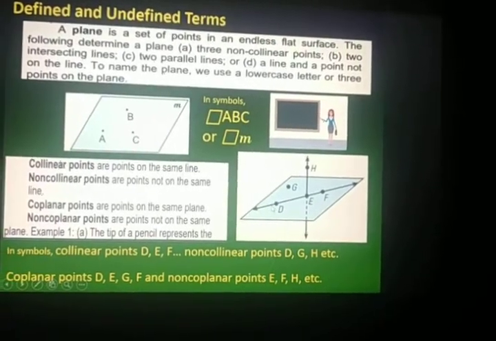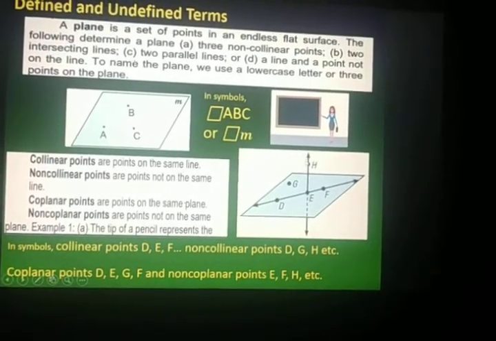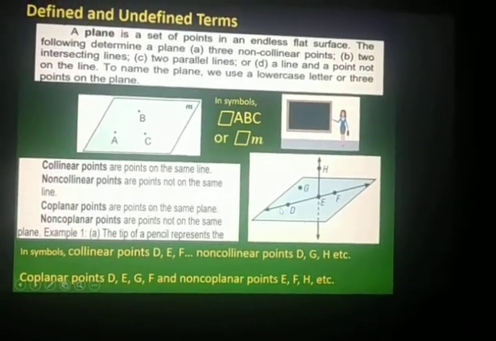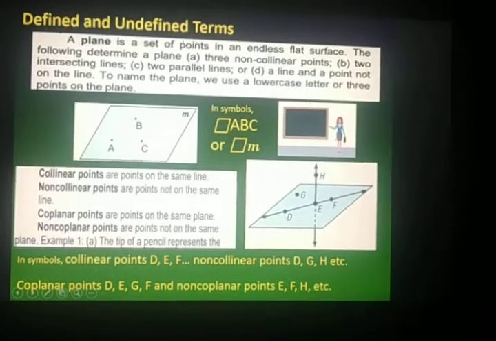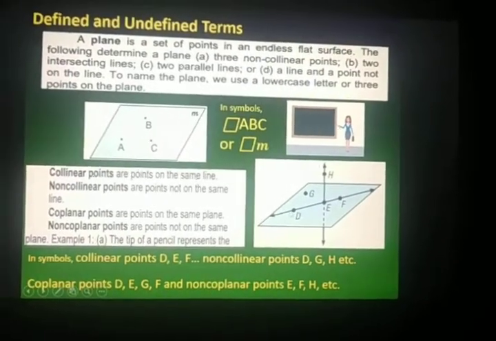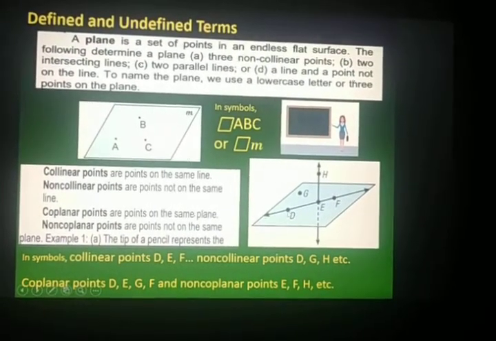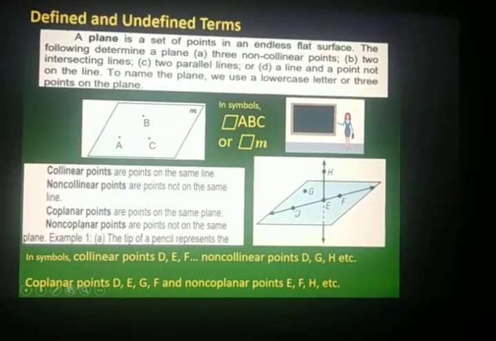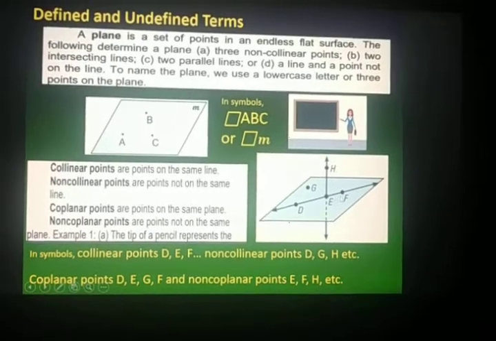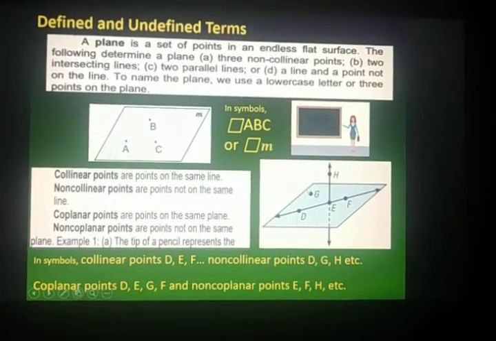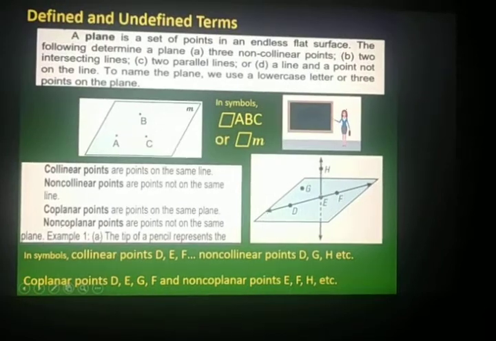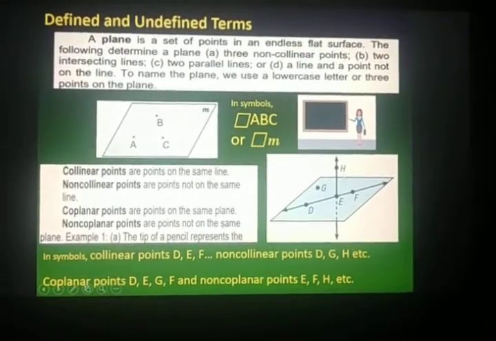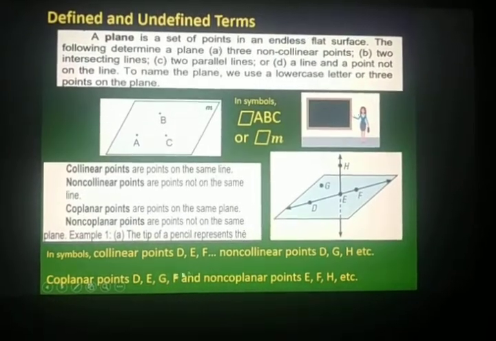Points D, E, F. Points H and E are also possible, but so far the biggest obvious collinear points are three or more, so collinear points are D, E, F. Non-collinear points, we can have D, G, H, F, E, G, we have H, G, E, and many more. Non-collinear, they are not on one line.